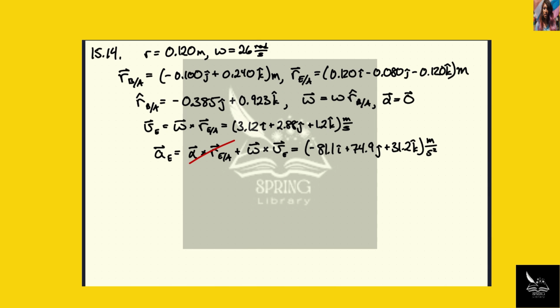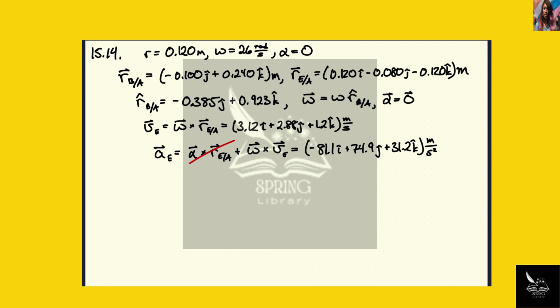So this is the axis about which it's rotating. We need to make a unit vector out of that, which we do by dividing by its magnitude. That gives us the angular velocity vector. The angular acceleration vector is 0 because the magnitude of the angular acceleration is 0, as given in the problem.